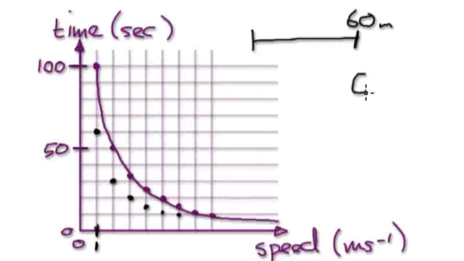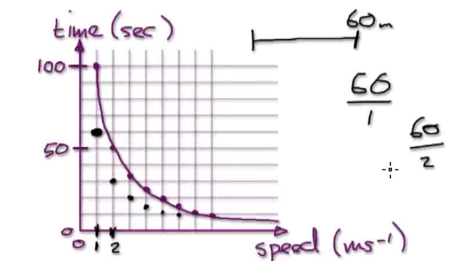Well, you get 60 divided by 1, so it would take 60 seconds to complete that distance. Now let's say you're traveling at 2 meters per second. 60 divided by 2, so that would mean 30. It would take you 30 seconds to complete that distance, and so on. And you can continue, and your graph will look like this.